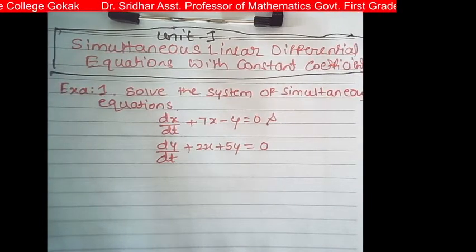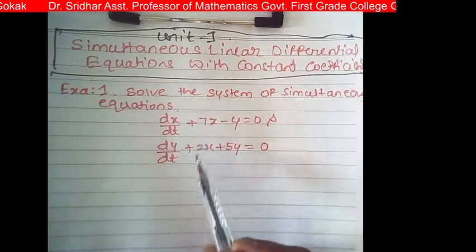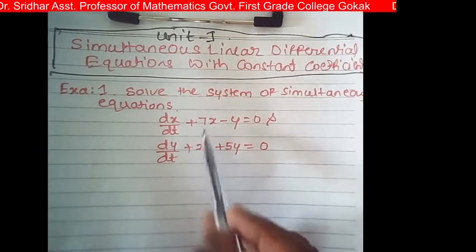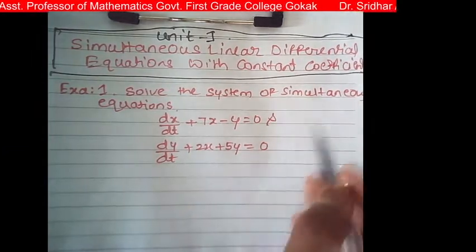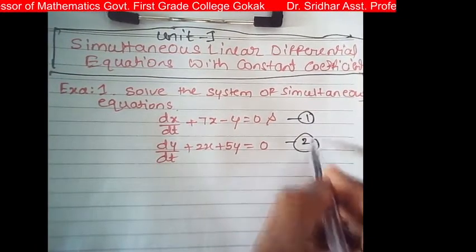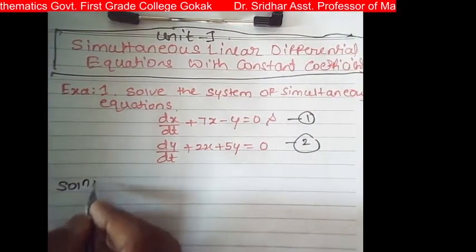So here 2 simultaneous differential equations are given, which are of first degree. So these are given, and we have to solve these 2 equations for x and y. So now call this equation as 1 and this equation as 2. So solution.